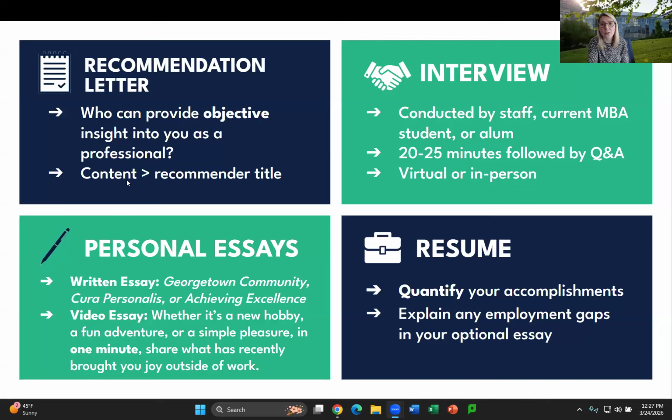So we'll ask you questions around some of your experiences, maybe your leadership experiences or team experiences, global experiences, or diversity experiences. And so you want to prepare for the interview just like you would prepare for a job interview. You'll do your research, you'll come ready knowing why you applied to the MBA, why you chose Georgetown to apply to.